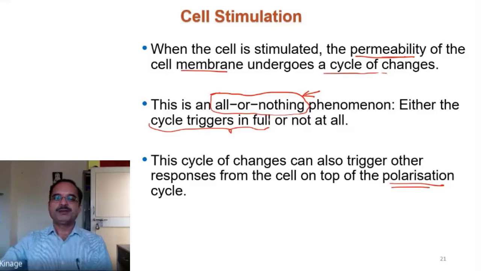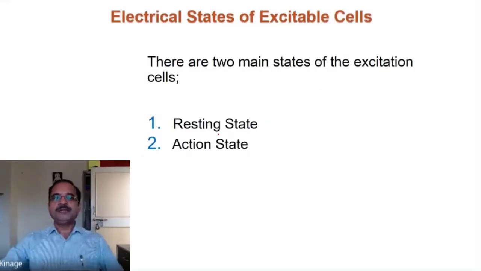We'll discuss what the resting state is, what the action state is, what the corresponding potentials induced are, and the graph and the electrical cycle corresponding to this, in more detail in the next lecture.